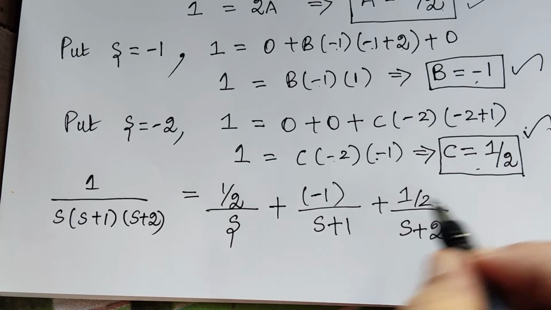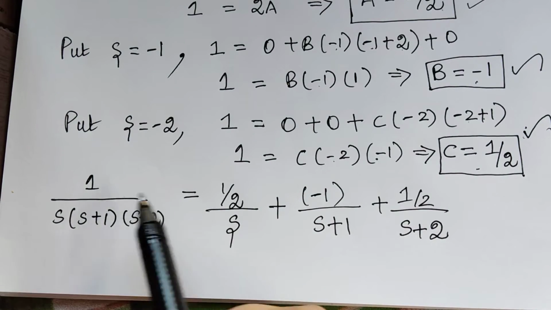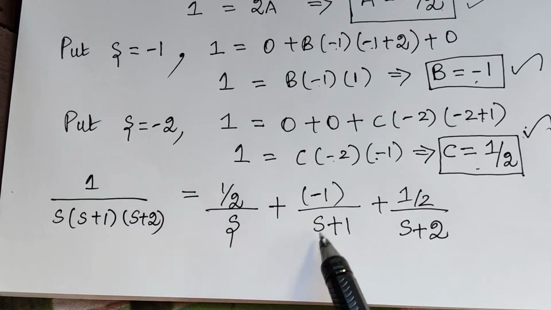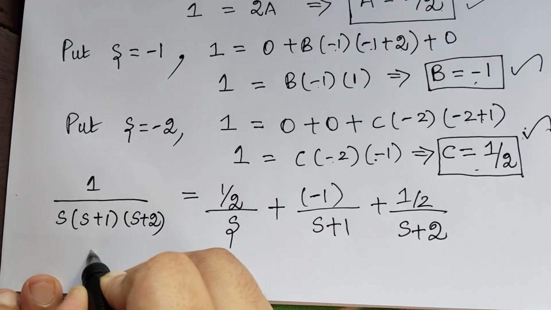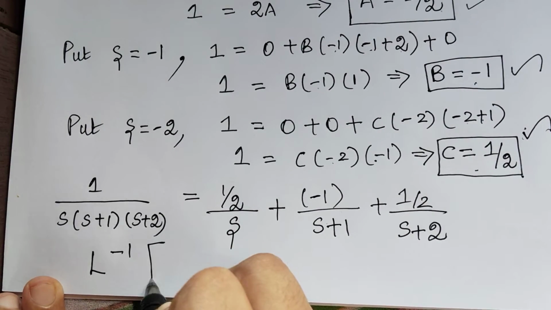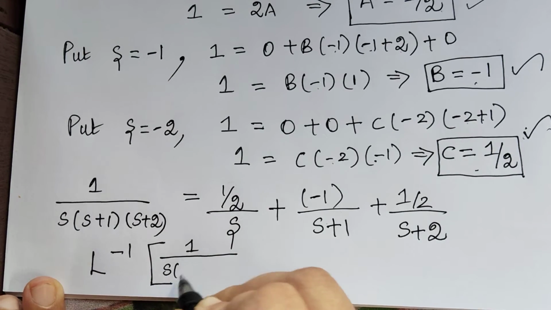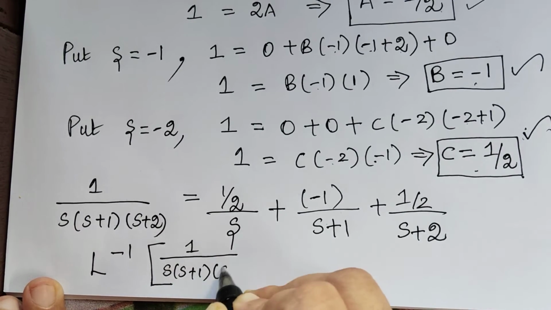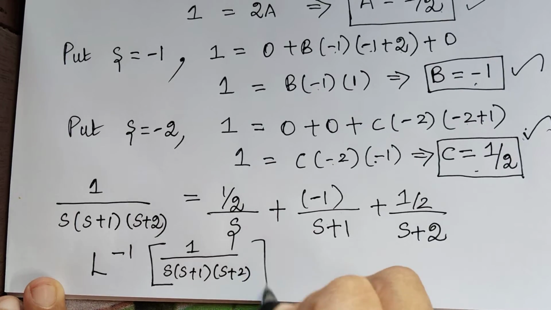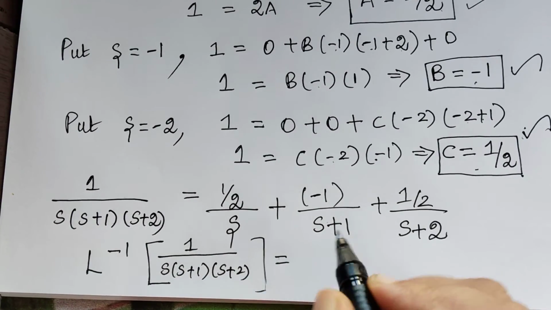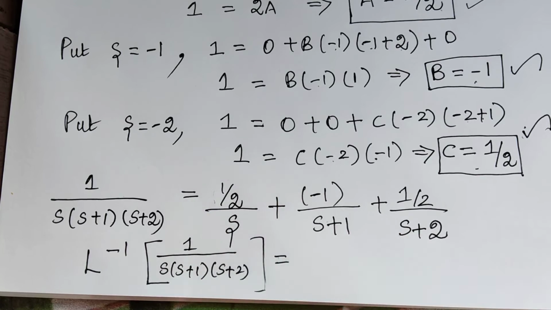Now we shall take inverse Laplace transform on both the sides. So if we take inverse Laplace transform, on the left we have the inverse Laplace transform of 1 divided by s multiplied with s plus 1 multiplied with s plus 2, which is the given question, and that is equal to inverse Laplace transform of the first term.